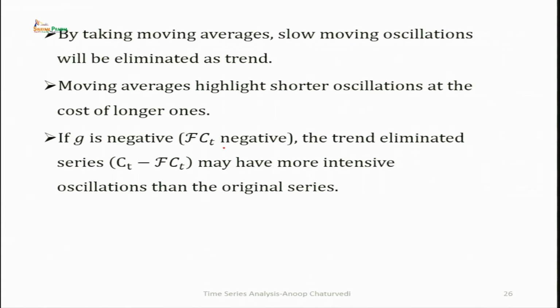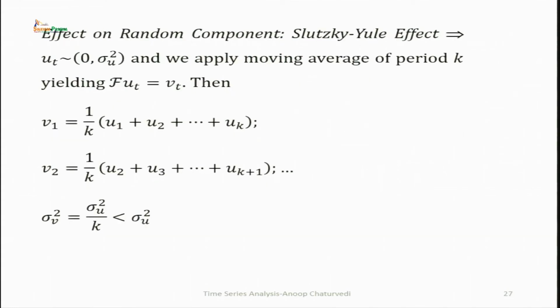The trend eliminated series C t minus f c t may have more intensive oscillations than the original series. So, this may also happen. In comparison to the original series, the series which you have obtained after eliminating the trend component has more intensive oscillations. Now, we consider the effect on random component.